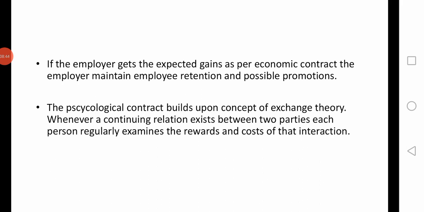Next, if the employer gets his expected gain as per the economic contract, there will be some conditions provided by the employer to the employee to do these things and get this much turnover. If that expected gain is achieved, the employer maintains employee retention. He will make his employees safe and secure, and he will give possible promotions.